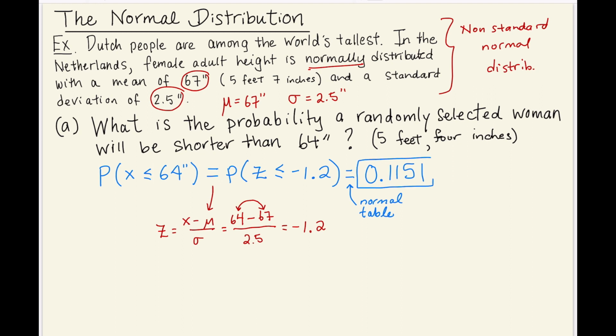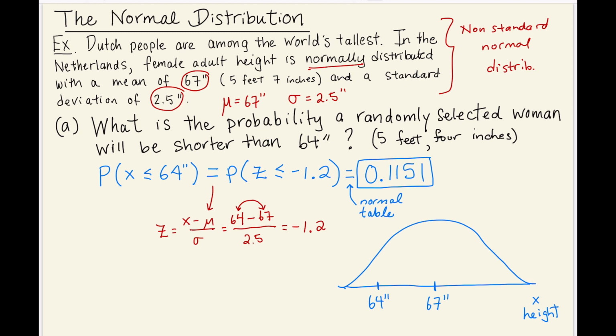And so let me just draw a picture of what that looks like. So if this is my normal distribution for these heights, we know that the mean, which sits in the middle, is 67 inches. And so let's suppose x represents height in inches. Then the original question was asking us, what is the probability a randomly selected woman has a height less than 64 inches?